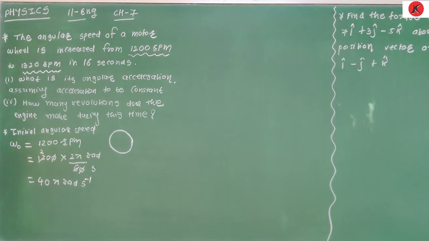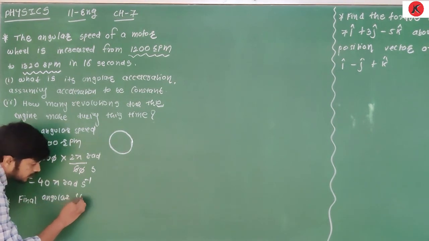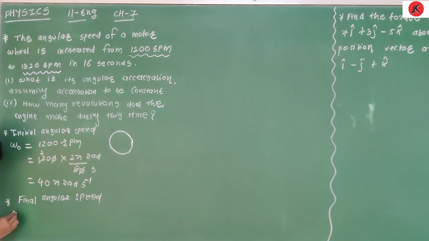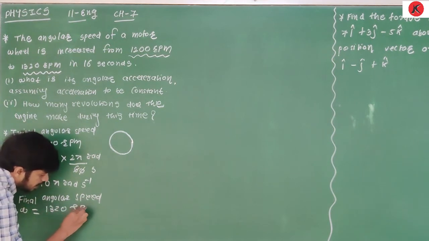Now similarly, I will find the final angular speed. The final angular speed is denoted by omega, and it is 1320 rpm.